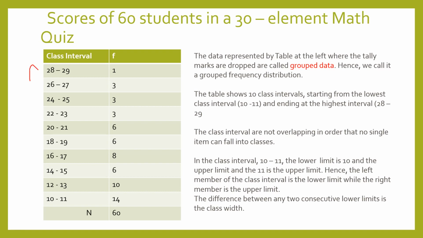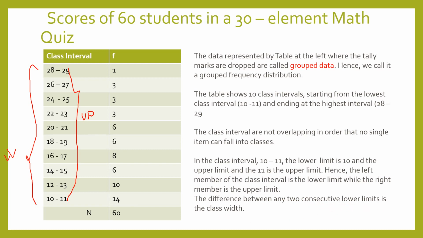All of these are lower limits. And all of these, 11, are the upper limit, short for UP, upper limit. The difference between any two consecutive lower limits is the class width.